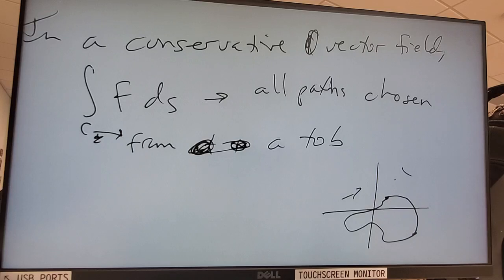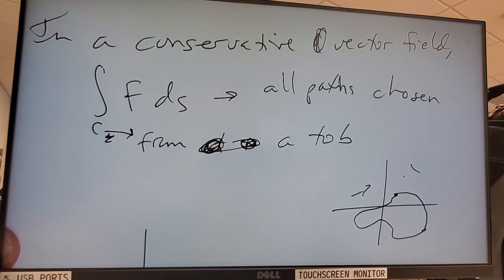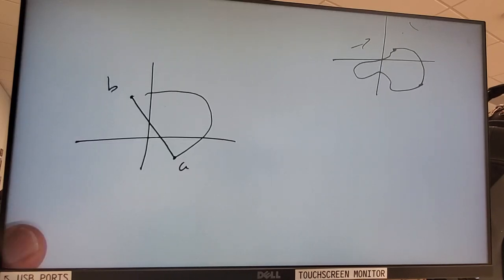So let me say this again. We saw an example where this was not true. We saw an example where if I went straight to it or if I went curved around to it, the line integral came out different. I don't know if you guys remember this. So we had an example where I had a field defined, and one approach from A to B was a straight line, and the other approach kind of bowed out like that.